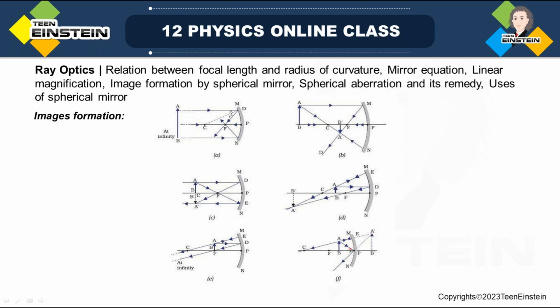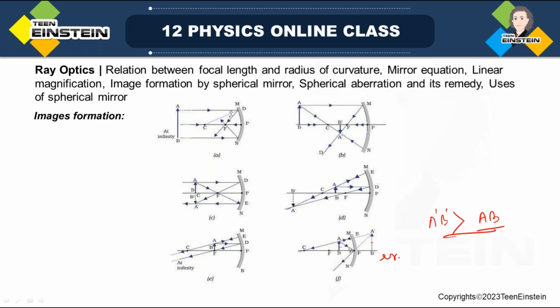So this is the object AB, and the image is A prime B prime. See now, the size of A prime B prime is actually greater than AB, right? This is actually an enlarged image, and the image and object are in the same orientation.